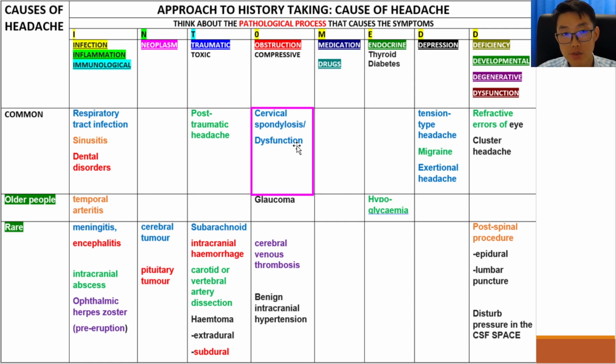Next, we have got obstructive or compressive causes. Commonly, these include cervical spondylosis or dysfunction, which essentially refers to the degenerative process of the cervical spine, causing inflammation, therefore obstruction or compression of the nerve coming out from the cervical spine.